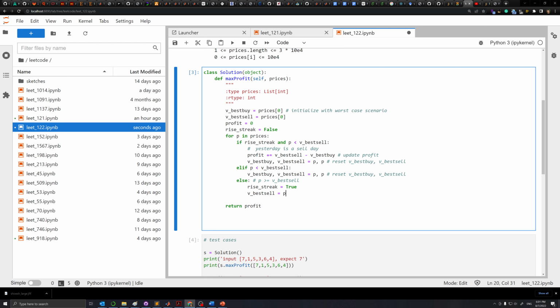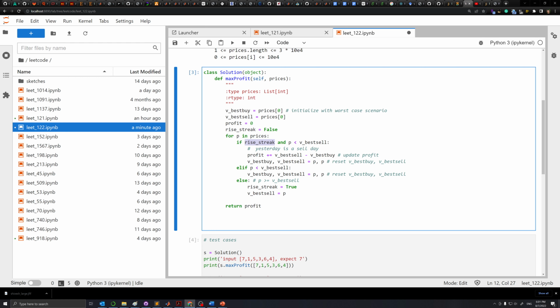How do we represent that? If everything has been on a rising streak, you're not going to perform the transaction until the rise streak ends.